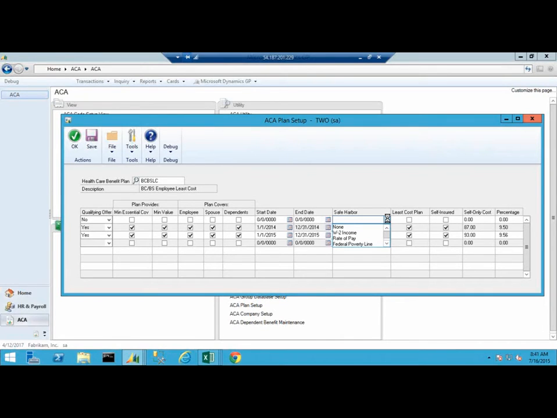The second one I'm going to talk about is federal poverty line because it's pretty easy. It's the single mainland poverty level, which is $11,660 this year, times 9.56%, and you divide that by 12. And I believe you're going to get $93.77.